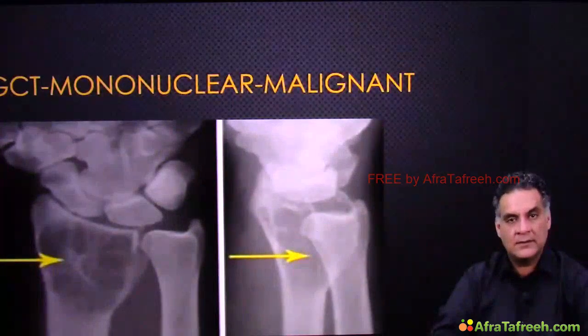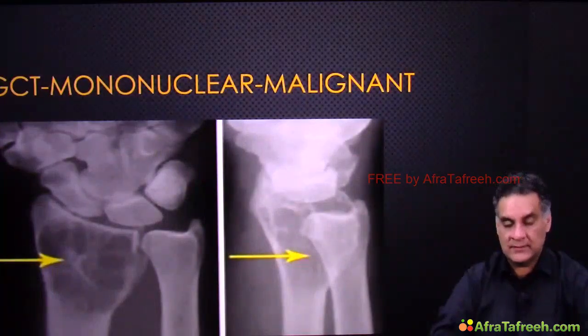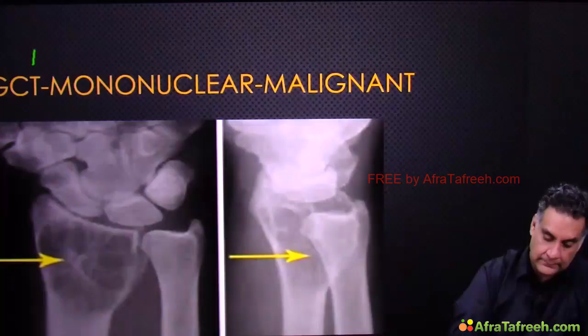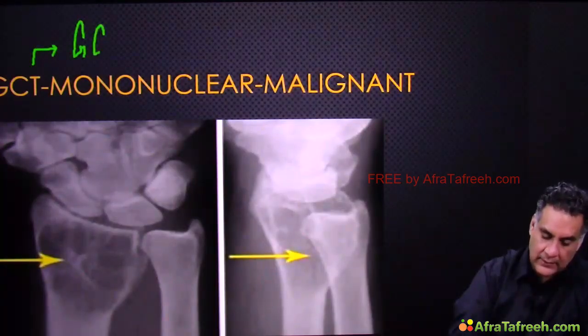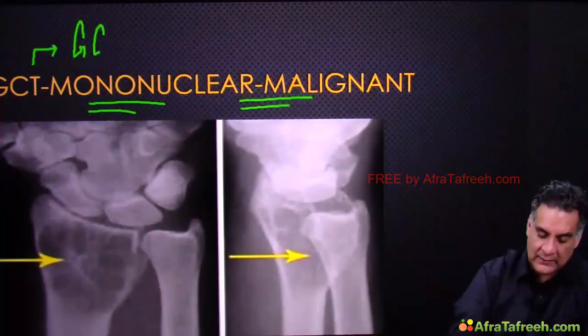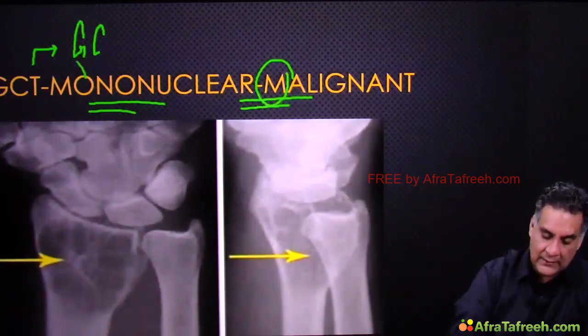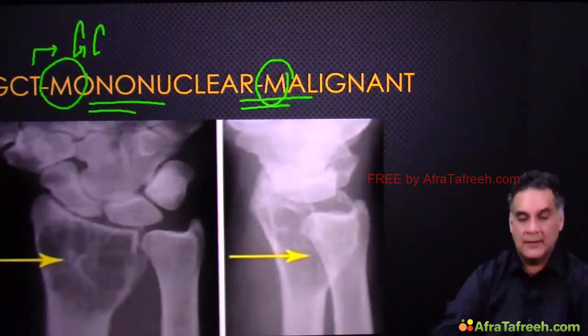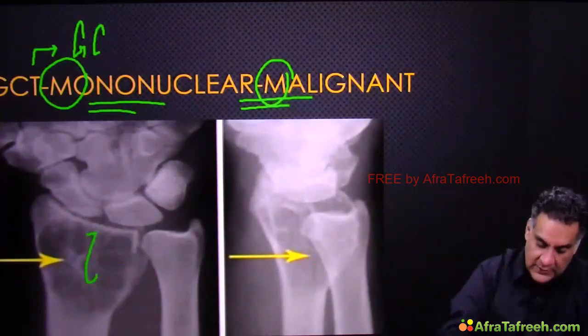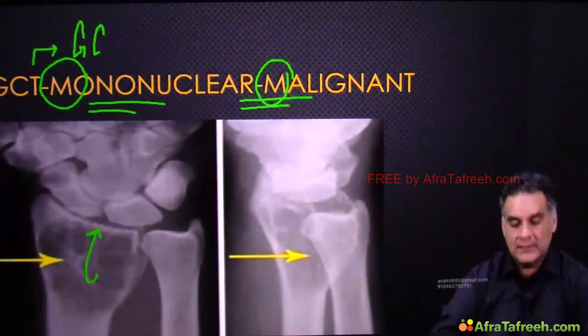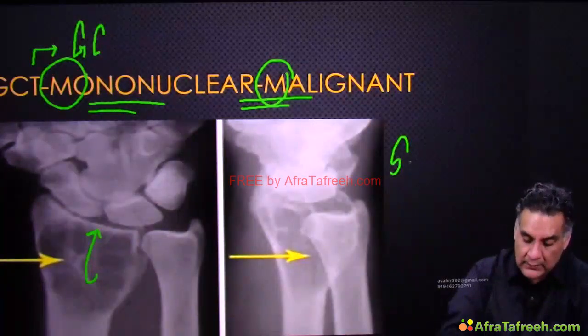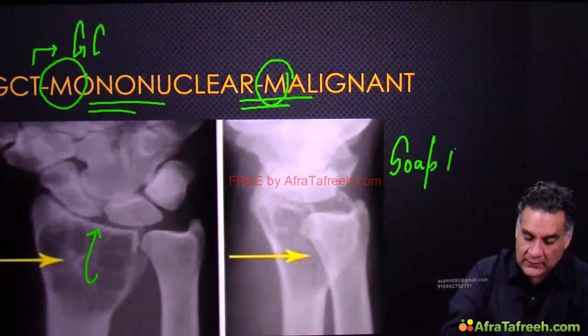Giant cell tumor has two types of cells. The giant cells and the mononuclear cells. Mononuclear cells are the malignant cells. M for malignant, M for mononuclear. This is the only tumor which can go till the joint. It has a soap bubble appearance on imaging.